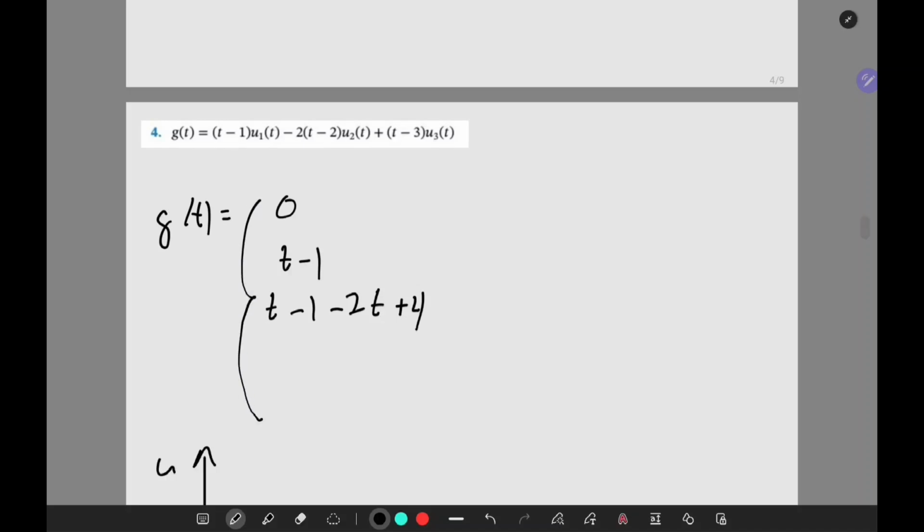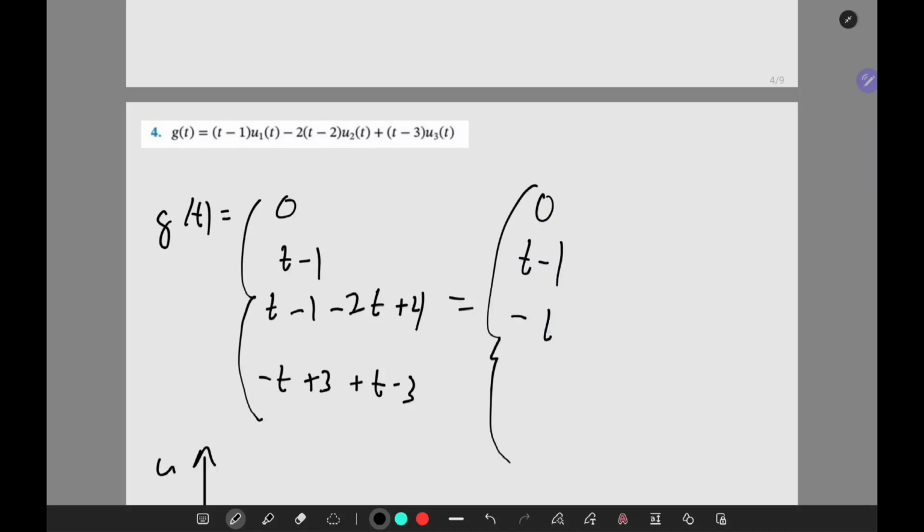That simplifies to negative t plus 3. So then we add that onto the last one. So that's plus t minus 3. Let's rewrite this. 0, t minus 1. This was just negative t plus 3. And those cancel, so that's just 0.